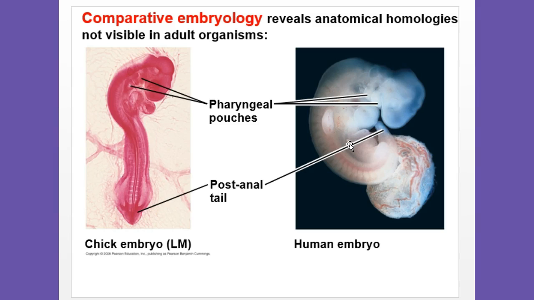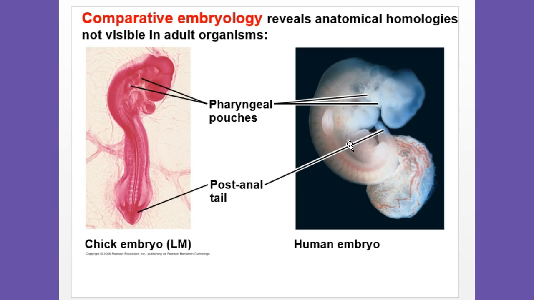So at some stage in their embryonic development, all vertebrates have a tail located posterior to the anus, referred to as the postanal tail, as well as pharyngeal or throat pouches. Descent from a common ancestor can explain such similarities. So you can link these to a common ancestor between different types of mammals.